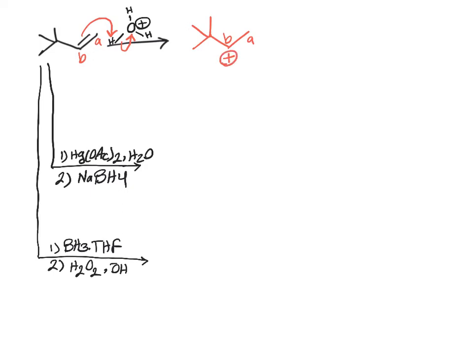So a secondary carbocation forms. Then a methyl shift converts the secondary carbocation to a tertiary carbocation. And then H2O will attack the carbon with positive charge.